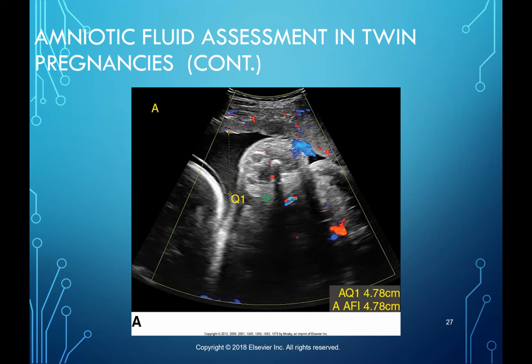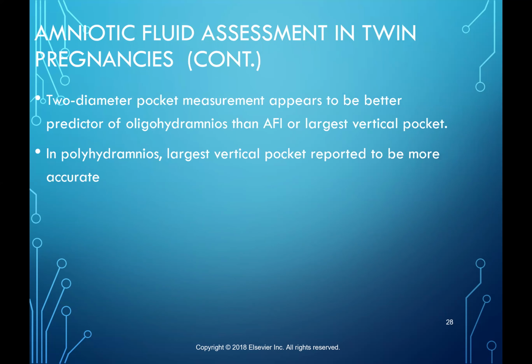So what we end up doing is doing a max twin vertical pocket on each sac of each twin, or each baby. A two diameter pocket, where you would do an anterior posterior and length measurement, appears to be a better predictor. But most of the time we just do a largest vertical pocket, which is an LVP.